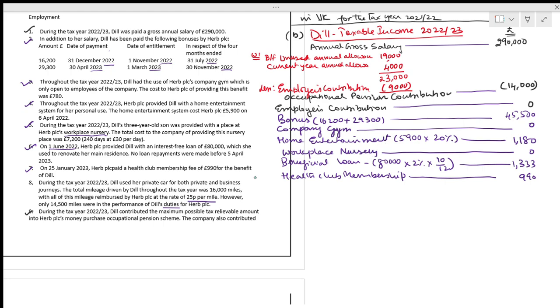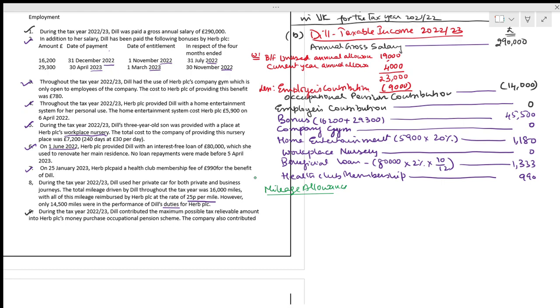Okay, mileage allowance. Is it? No. How much? So, see how much. What is it? For the first 10,000 miles, 45 pence, and for the next it is 25 pence.